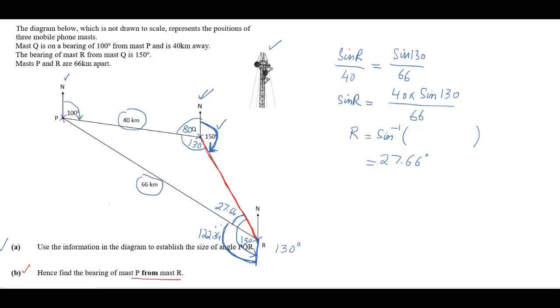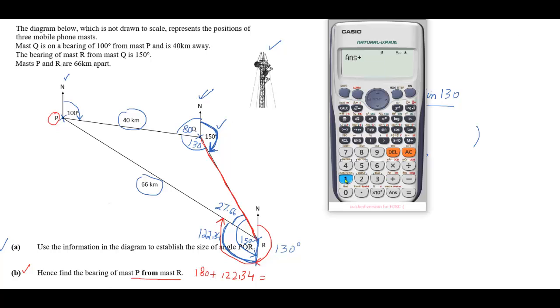Okay, now let's find the bearing of P from R. This will be 180 plus this angle, which is 122.34. Just add 180 to it.